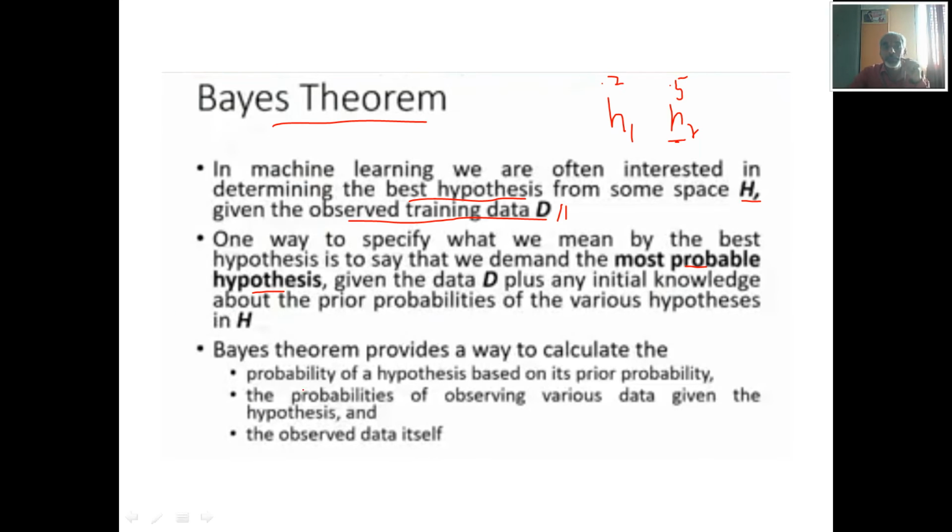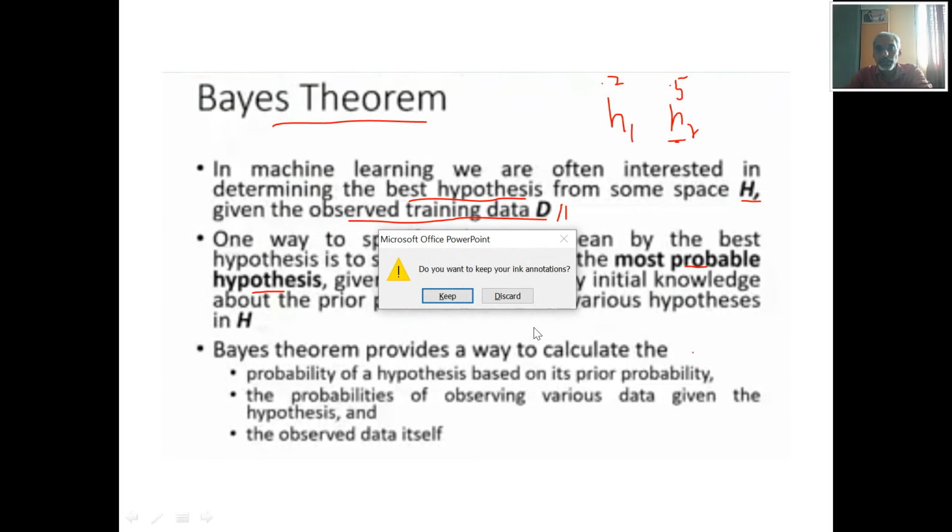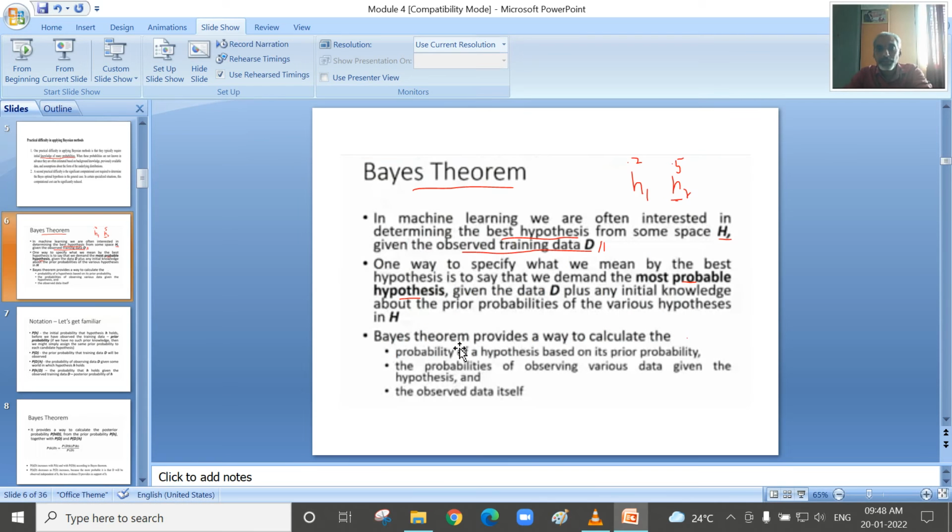Now this Bayes theorem provides a way to calculate the following things. What is this Bayes theorem going to give us? The first one is the probability of a hypothesis based on its prior probability.